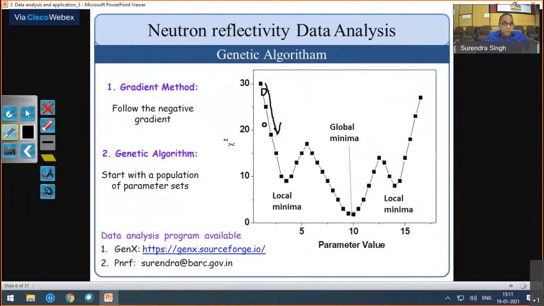But there are other methods also. With the gradient method, if you have this kind of chi-square function with a parameter, it depends highly on the initial guess value you take. If you take an initial value over this region, then during your iteration you will be following this path.